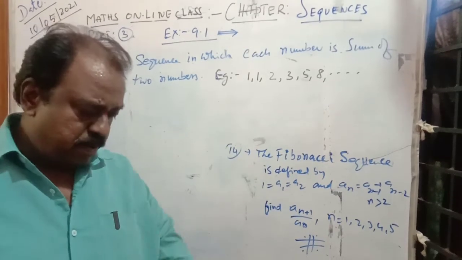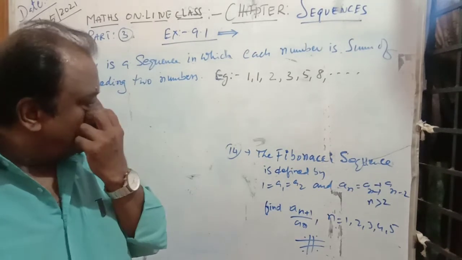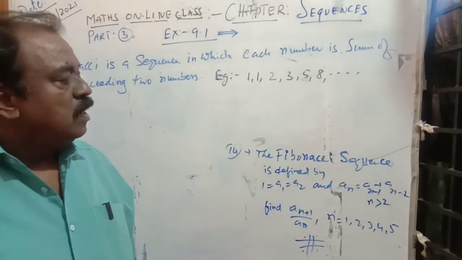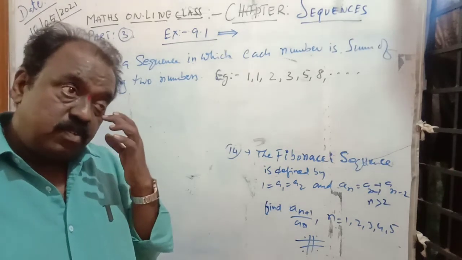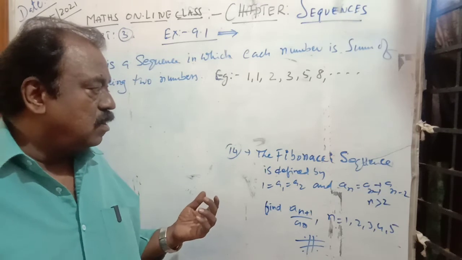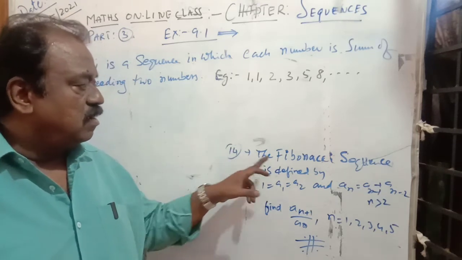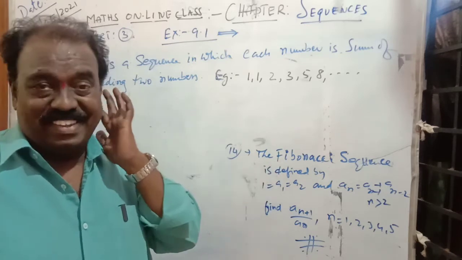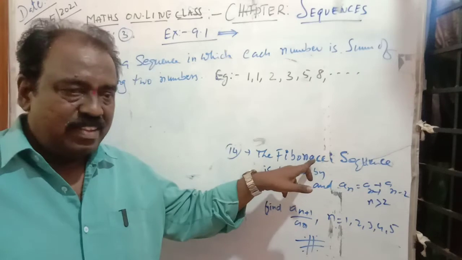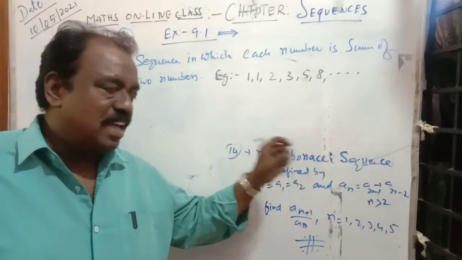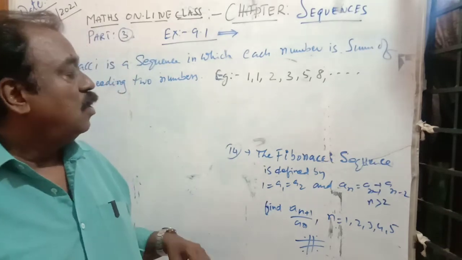Okay, Rena, observe me. Now we're going to solve problem 14. It is a new sequence. A name is there. That is Fibonacci. One C is pronounced as K, and another one is like that.